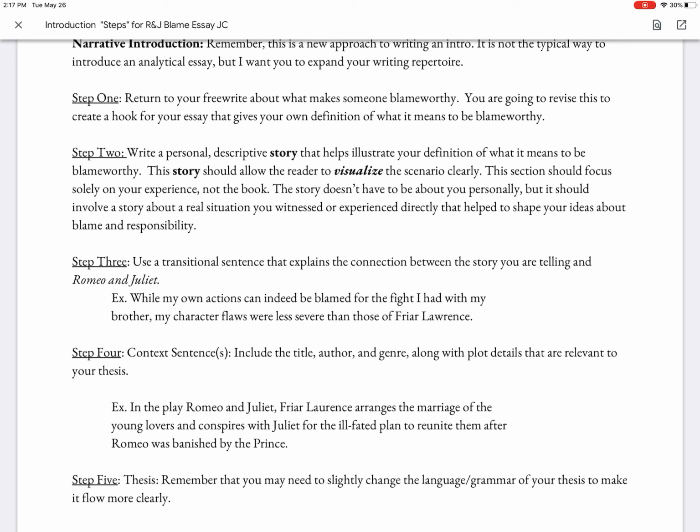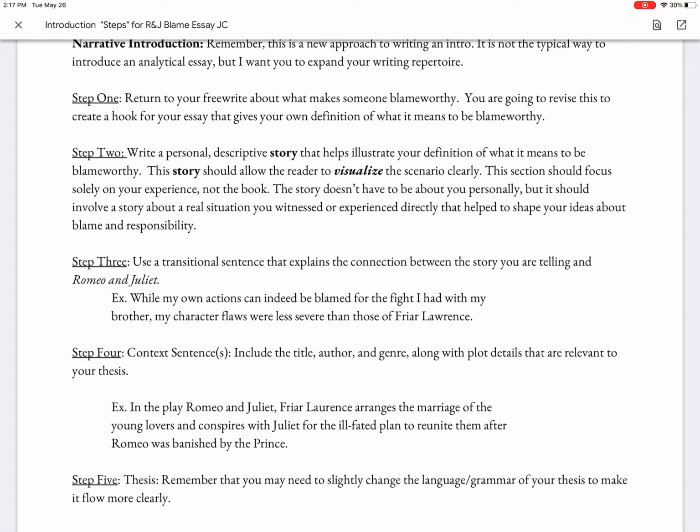So in step 1, you're setting up a definition for what it means to be blameworthy. In step 2, you're telling a story that illustrates that definition. And then step 3, you're going to make the transition to writing about the play. So you need a sentence that will make that transition. I gave the example here: "While my own actions can indeed be blamed for the fight I had with my brother, my character flaws were less severe than those of Friar Lawrence."